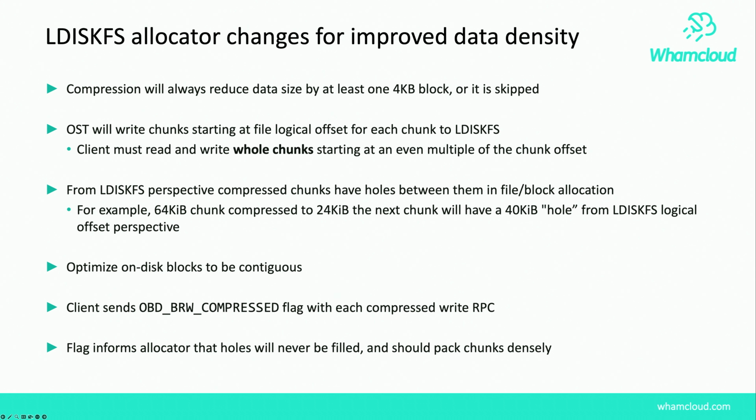So it's trying to make the best decision that it can based on the workloads that we've run over the years, and those workloads are not a good informer of the compression system that we're implementing here. So again, this flag will inform the allocator to not leave those holes in place for the optimization that it would typically make, and to just pack those chunks a lot more densely.